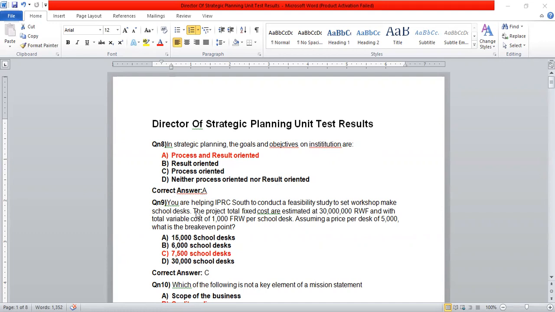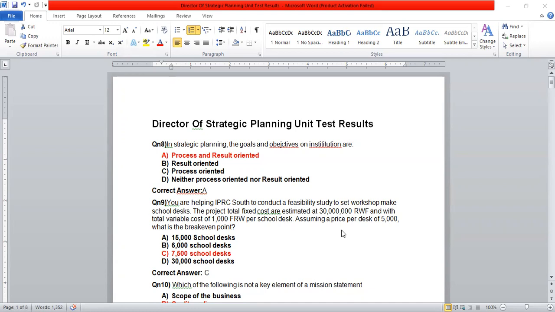Question 9. You are helping a PRC staff to conduct a feasibility study to set up a workshop that makes school desks. The project's total fixed costs are estimated at 30 million Rwandan francs, with a total variable cost of 1,100 francs per school desk.